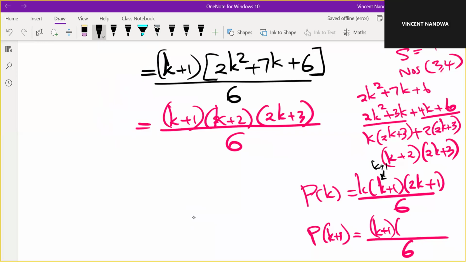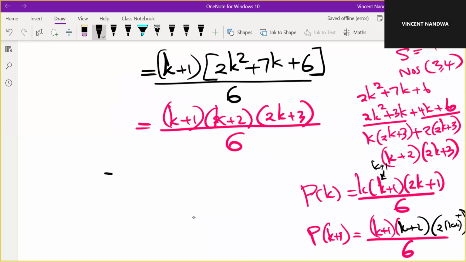Because this place will be k plus 1 plus 1, which is k plus 2. And then we expect this other one to have 2, where this k we put k plus 1, and then plus 1. That's what we expect to have.